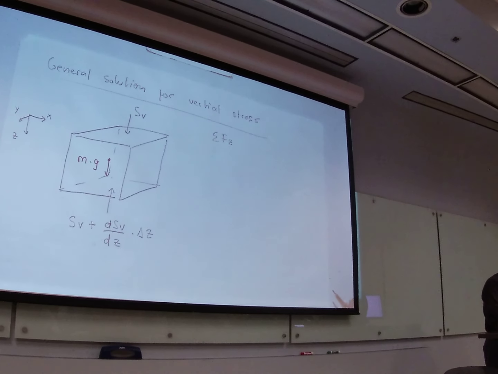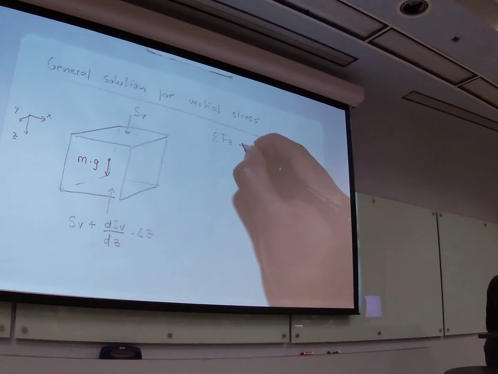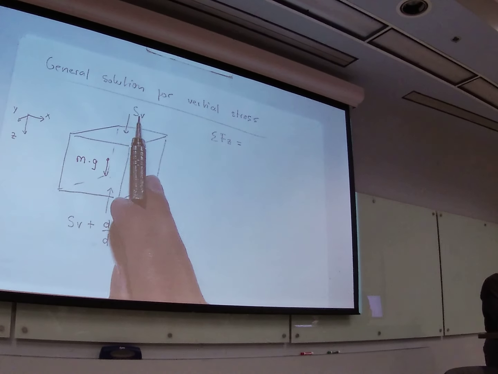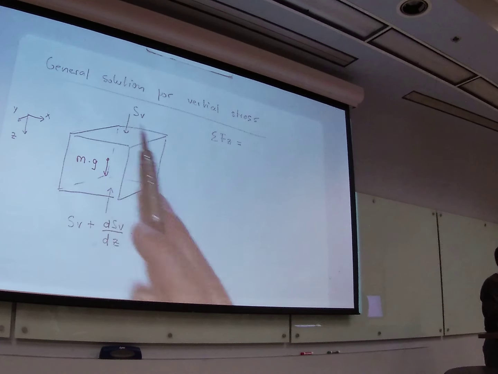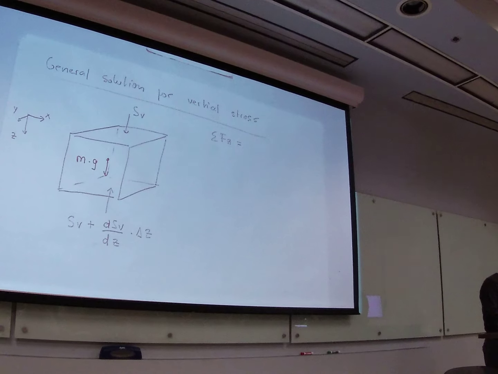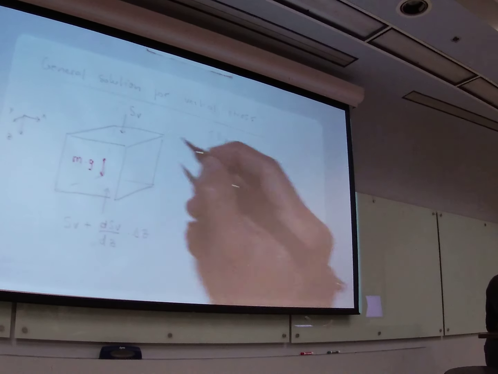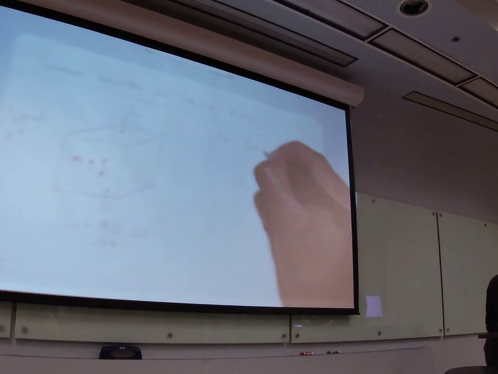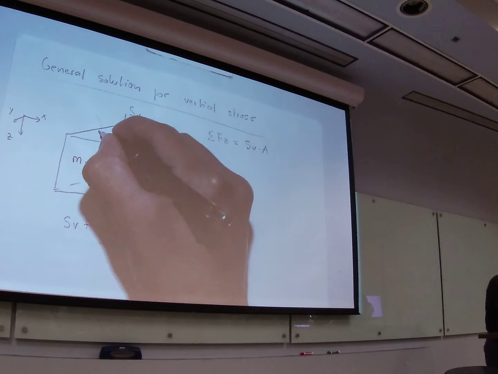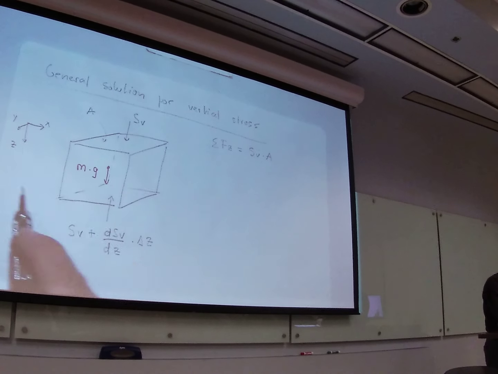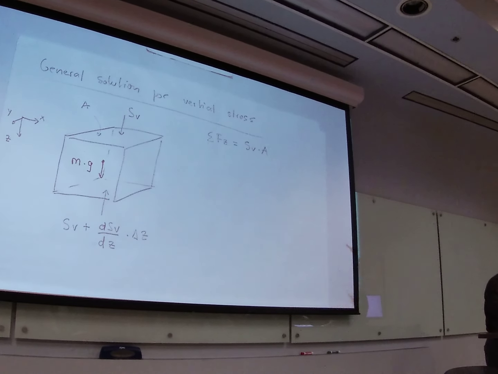Summation of forces in direction z is going to be what? This is going to be a stress. And if you remember, stress is the force per unit of area, right? So SV has to be multiplied by this area A. And this one is in the direction of Z, so it's going to be positive.